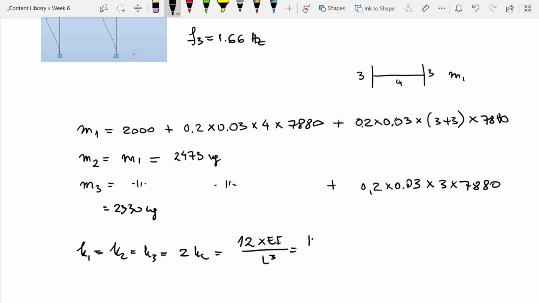So this is 2 times 12 times 2 times 10 to the 11 times I, which is 0.2 times 0.03 cubed over 12, and times L cubed, which is 3 cubed.